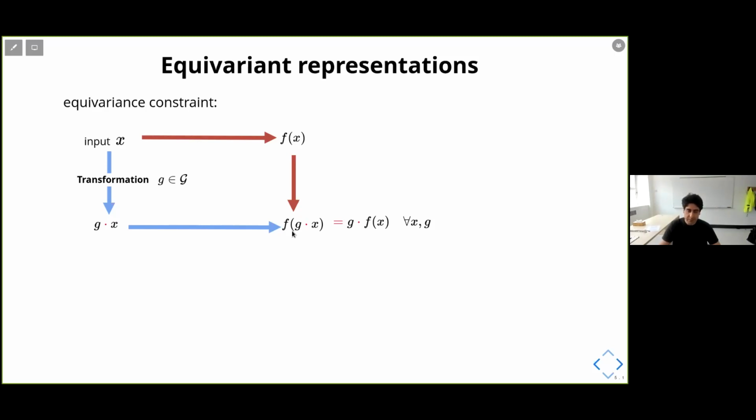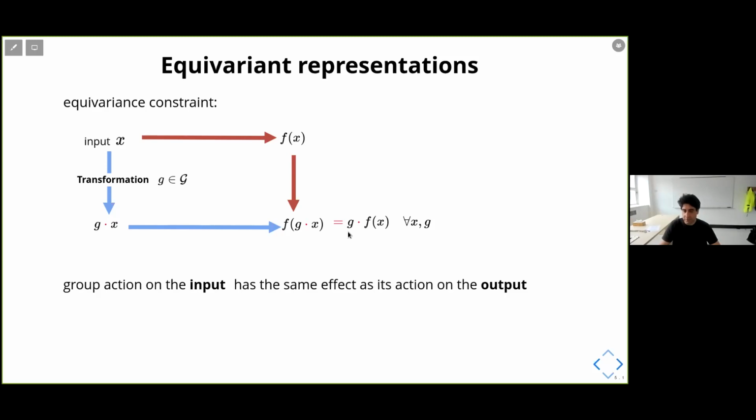And we say that this representation is equivariant with respect to the group G if these two give us the same results. That is, transformation of the input has the same effect as transformation of the output.